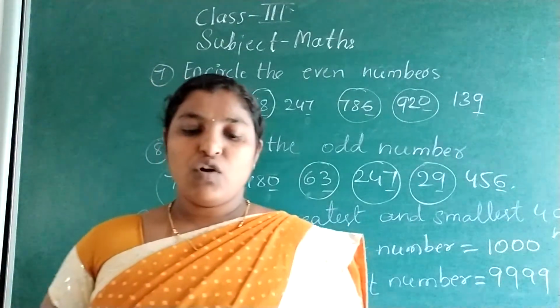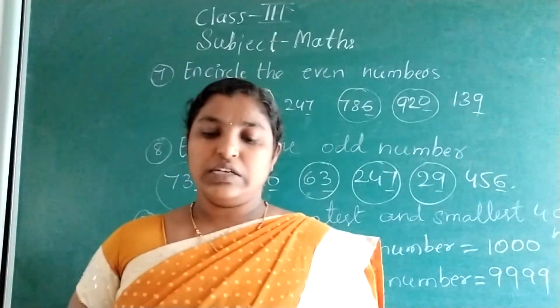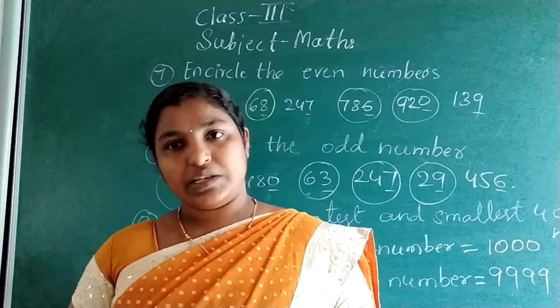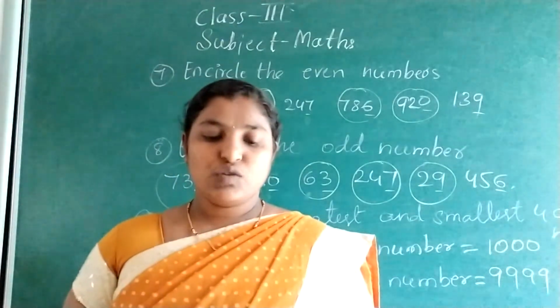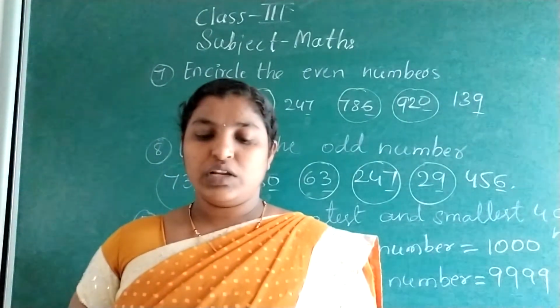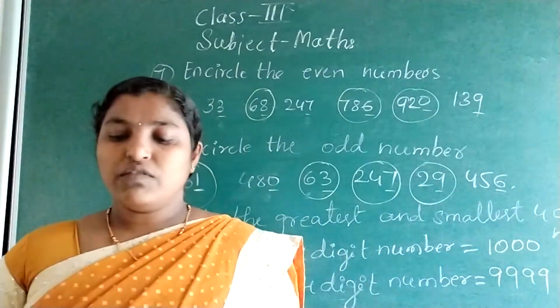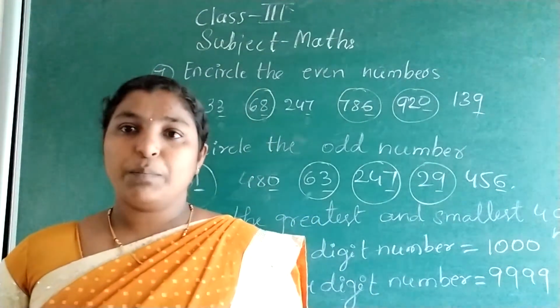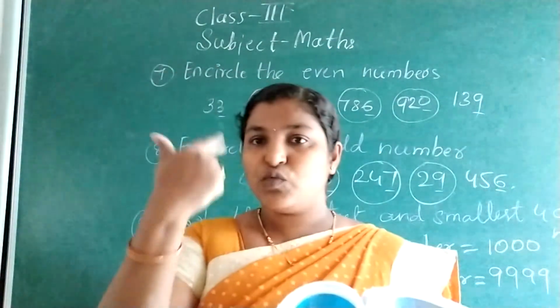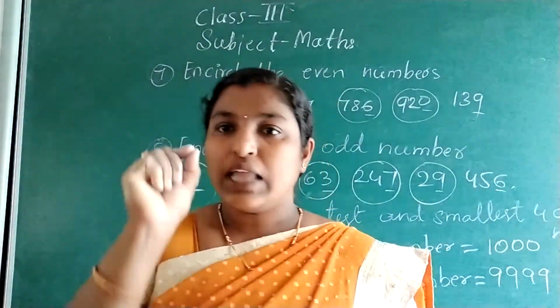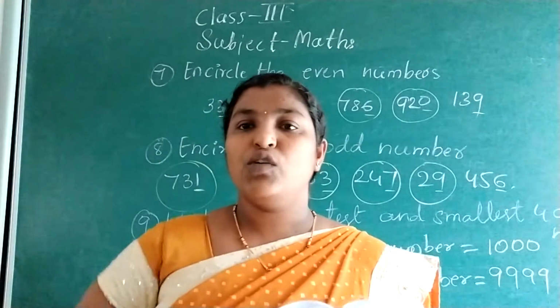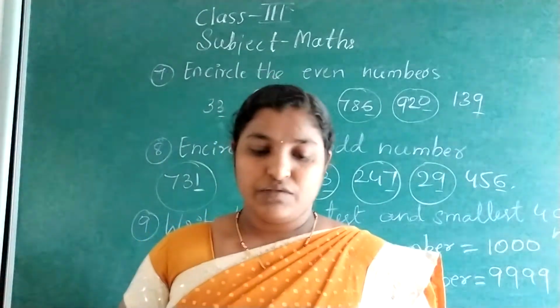The place value of a digit in a number is the digit multiplied by its place. The face value of a digit in a numeral is the value of the digit itself, at whatever place it may be.